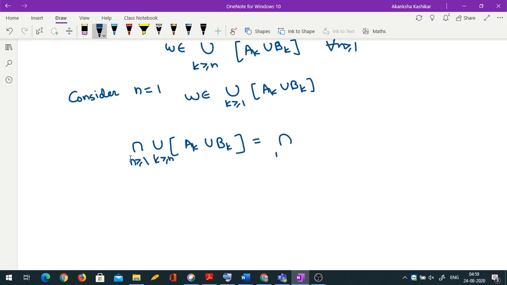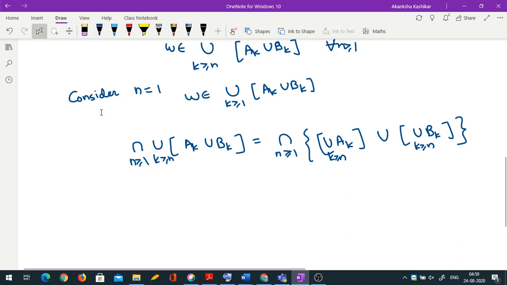This I can write as intersection, and this inside part we have proved, it can be written as union Ak union union Bk, k greater than or equal to n. This comes from the earlier result, not yesterday exactly, that union is distributive over union. We have seen this.